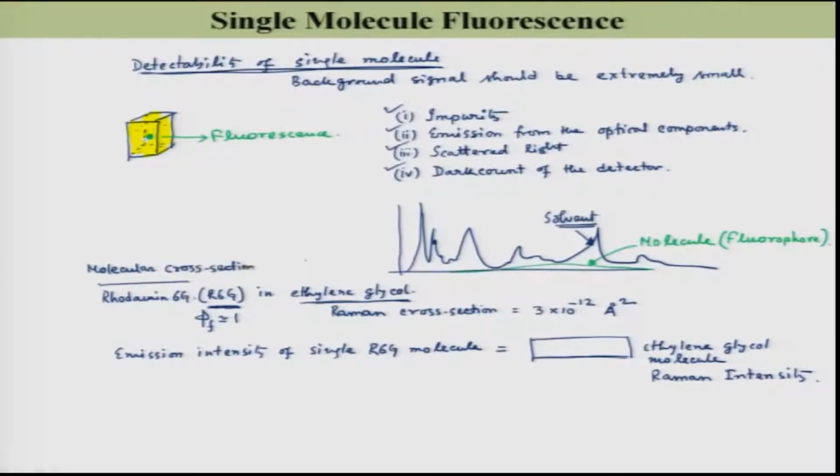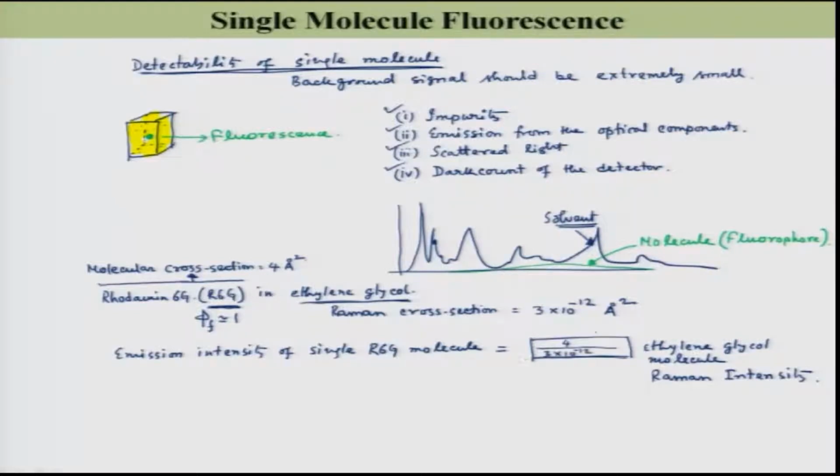is, let us say, 4 angstrom square, it means that the emission intensity of a single rhodamine 6G should be equal to this 4 divided by this, right. So, here it should be 4 divided by 3 into 10 to the power minus 12.